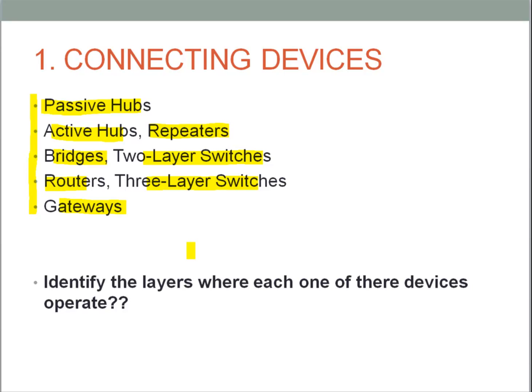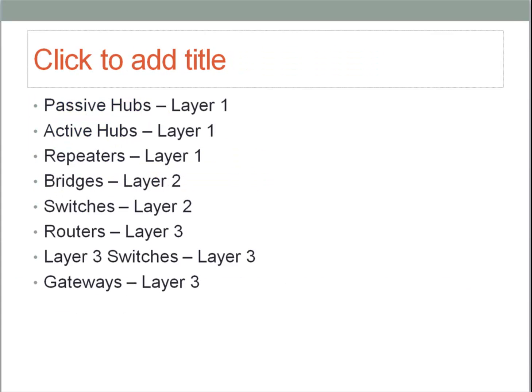You must know each and every device, and in which layer of the OSI model it works. If you take passive hubs or active hubs, they work in layer 1, that means the physical layer of your OSI model. So it is a layer 1 device.